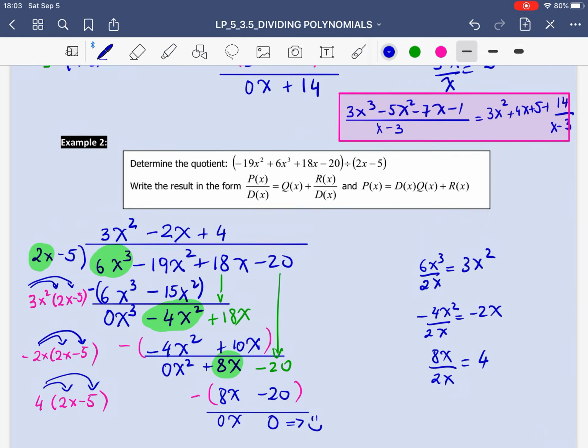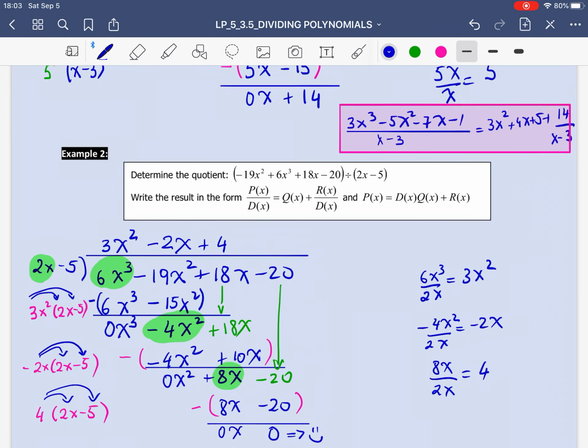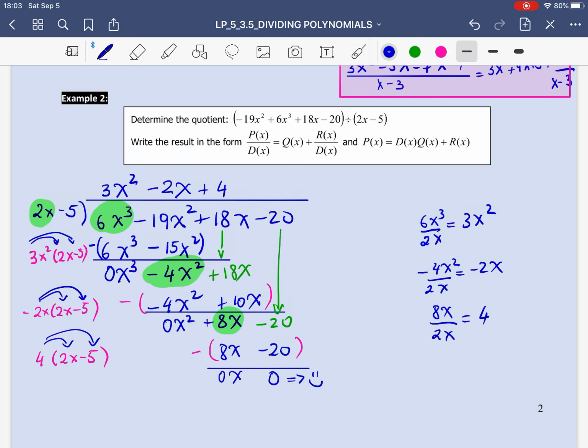So the question is also asking to write the division statement, and that's what we're going to do.